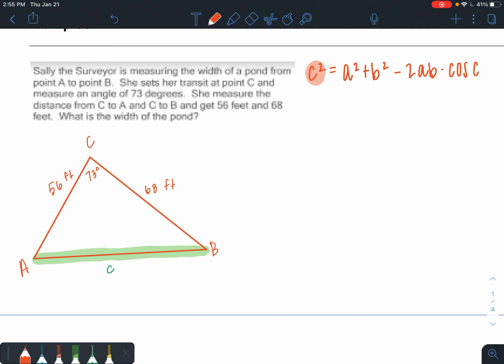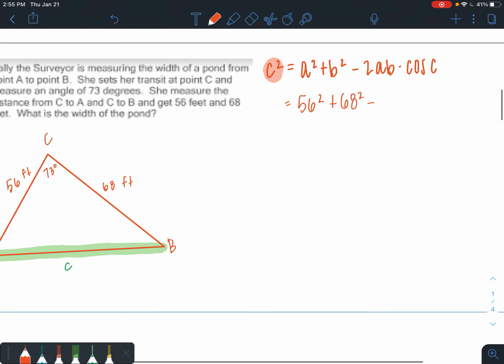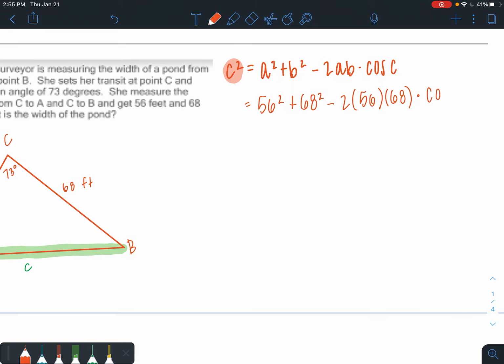So a is equal to 56 feet, b is equal to 68 feet, minus 2 times 56 times 68 times cosine of C, which is 73 degrees.